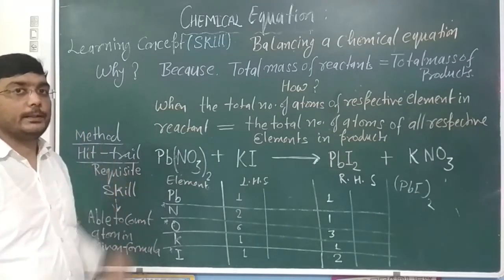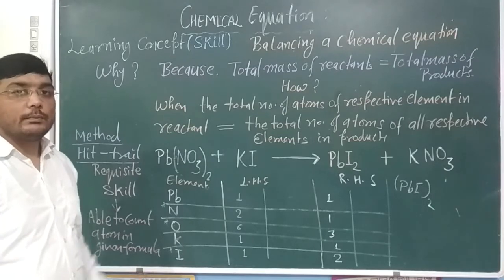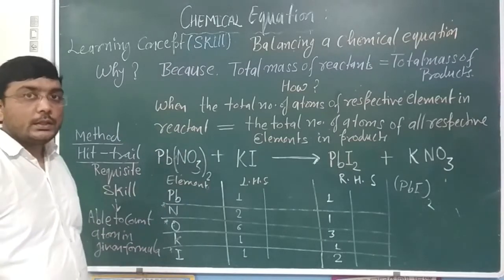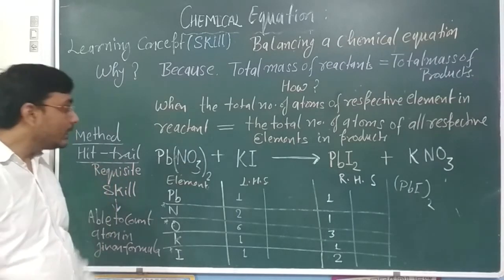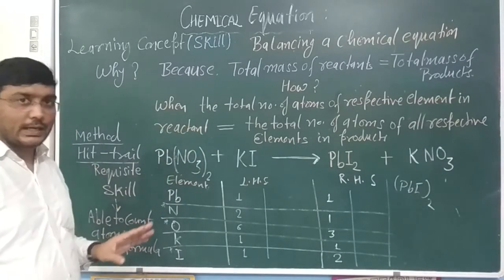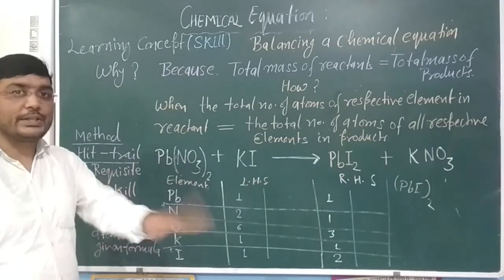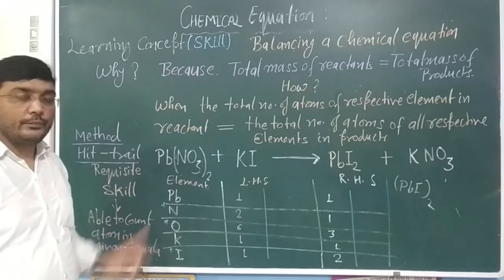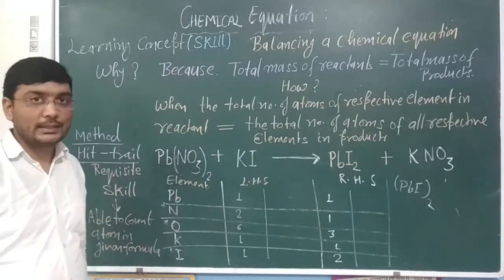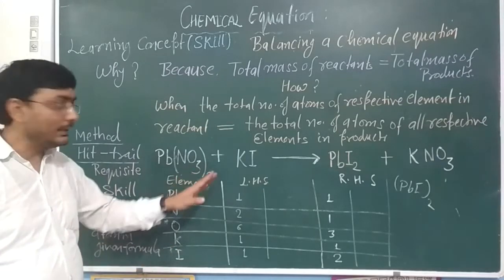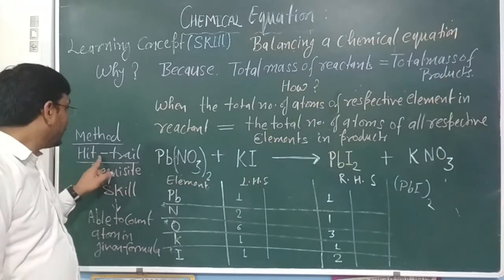The first point: while you are going to balance any chemical equation by using the hit and trial method, remember one point. If oxygen and hydrogen atoms are involved in that reaction, first reserve them. We should not balance the oxygen and hydrogen atoms first.